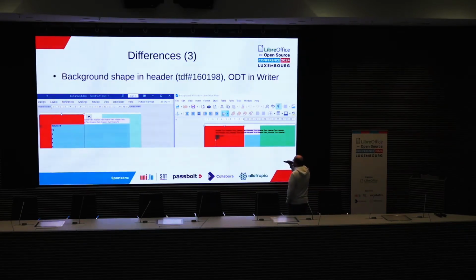And the green looks kinda okay in the header, but in front of the main document body, both are hiding the blue background of the document body. So it's sort of an edge case, but yeah.